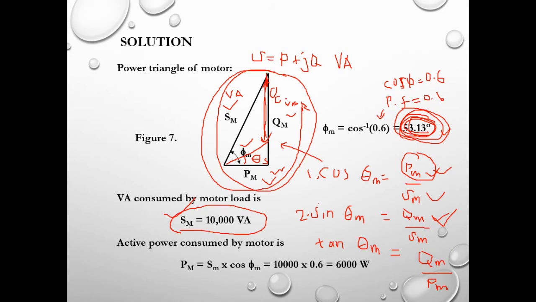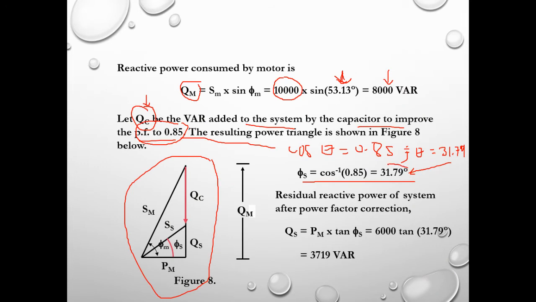So the QC has suppressed the QM down to QS, in line with theta S. The QC we just injected has suppressed the QM down to QS with angle theta S, 31.79.